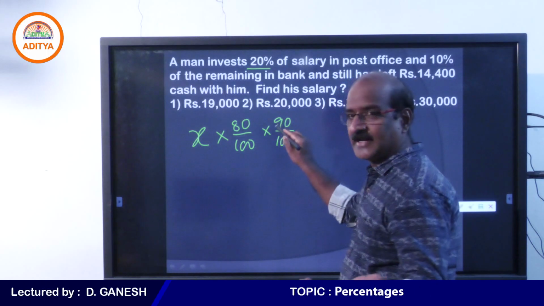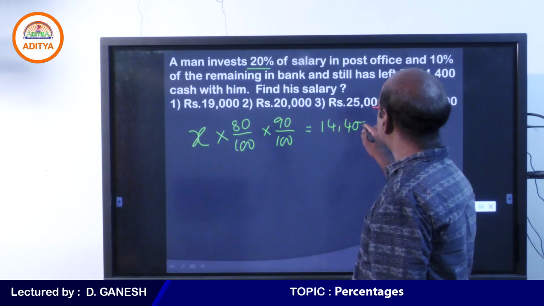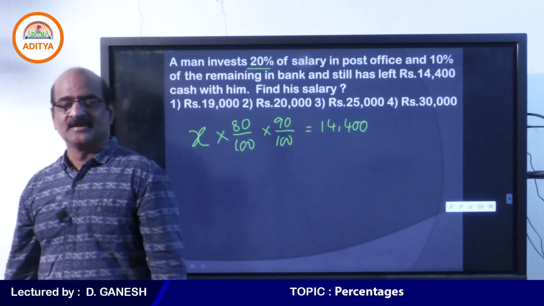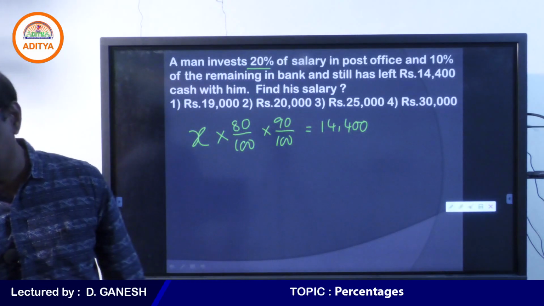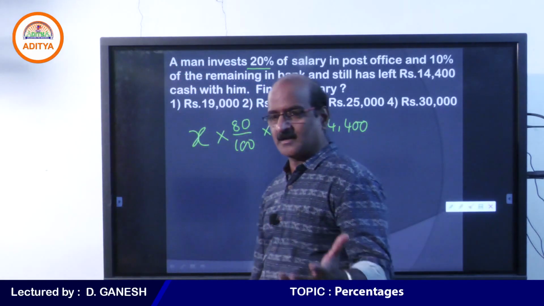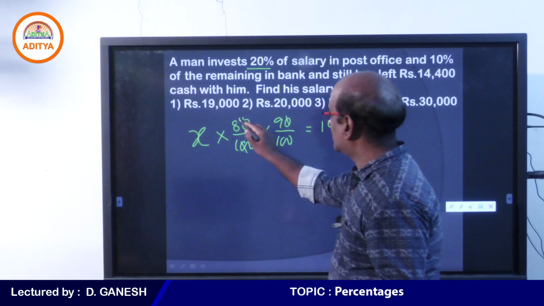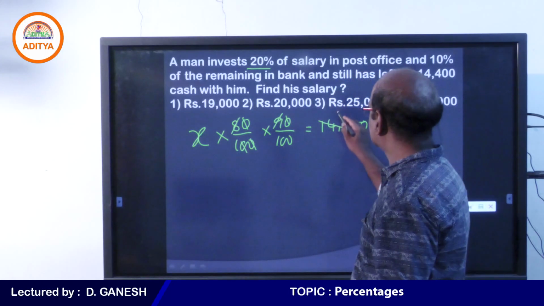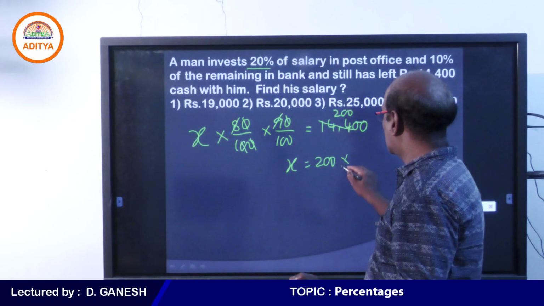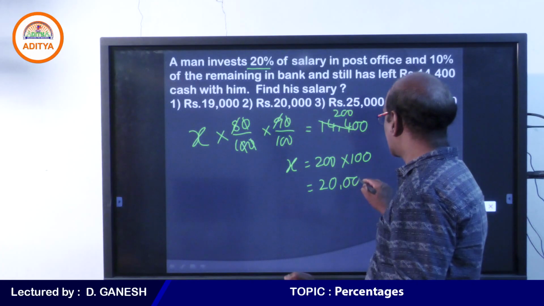So he is left with 90% of that, and that amount is equal to 14,400. Therefore, 100% means X. Now you cancel and you will get your answer. 18 to 9, 72, 72 cancels for 200 times. Therefore X is equal to 200 into 100, and your answer is 20,000.